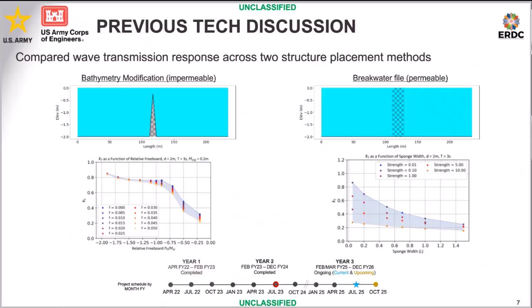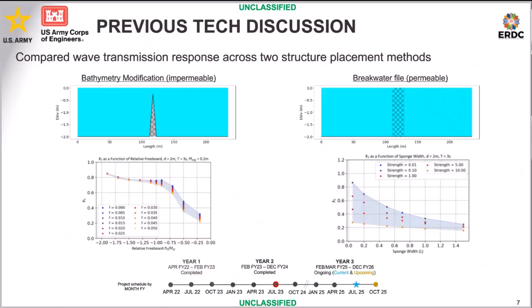And so looking at the sponge width, so how much space does that permeable layer, which is a frictional dissipative sponge layer internal to the model, take up in the space.